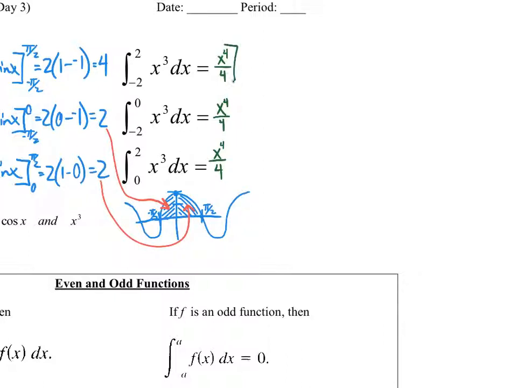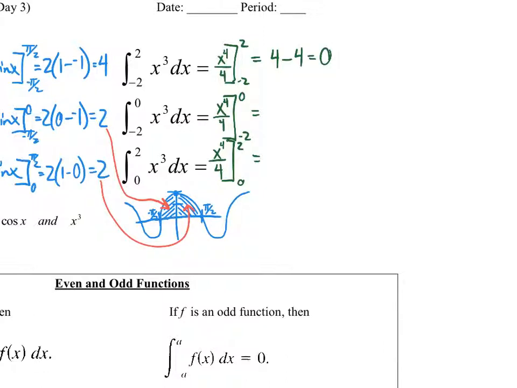We're just evaluating it from negative 2 to 2, and then from negative 2 to 0, and then from 0 to 2. So if we plug in 2, what do we get? 4. If we plug in negative 2, what do we get? 4. So that's going to be 0.